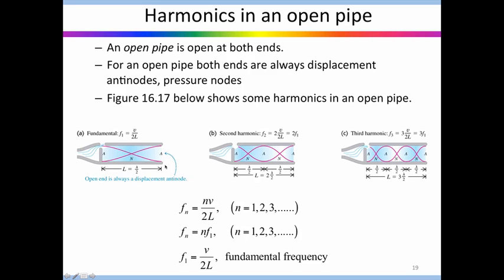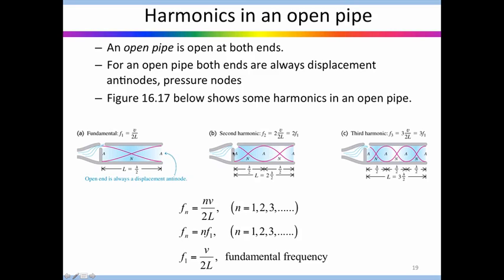The length of the tube must therefore be equal to 1/2 of the wavelength, because we have gone from the most negative displacement to the most positive displacement, and we need another half a wavelength to come back to the most negative displacement.